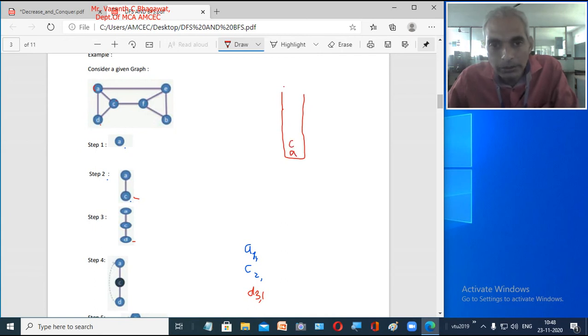Then you pushed D into the stack. At D you have reached the dead end, so you remove D from your stack. When you remove D from your stack, you will backtrack and come back to the position C. So in the fourth step, you are coming back to C.